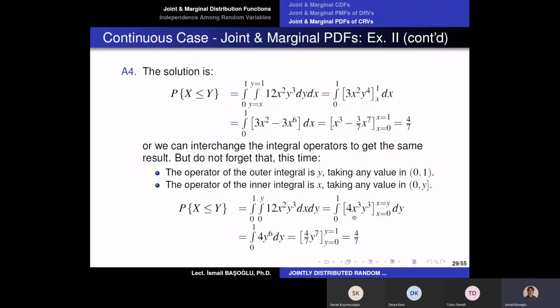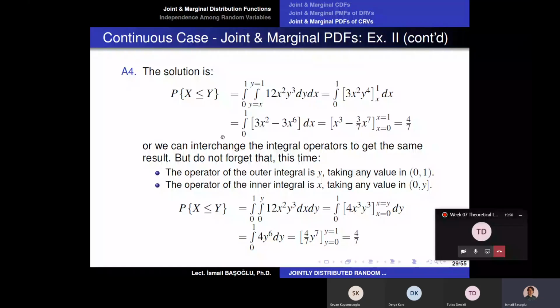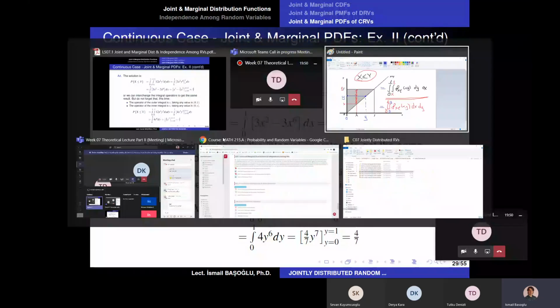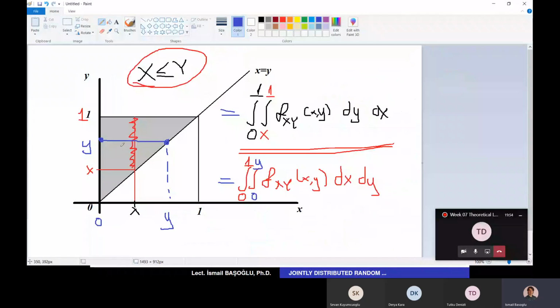So in both ways, you are basically calculating the total volume under the joint PDF in that shaded region. In that shaded region, the total volume under the joint probability density function is 4 over 7.